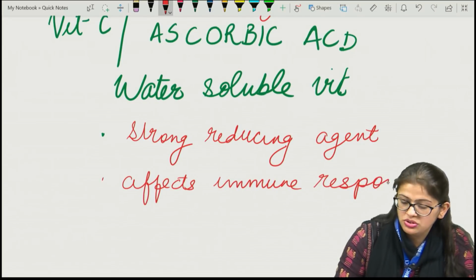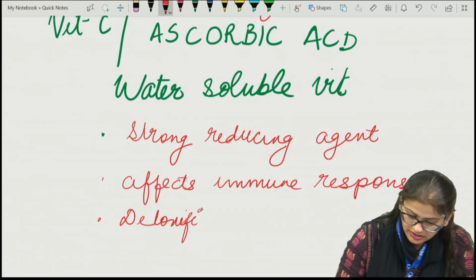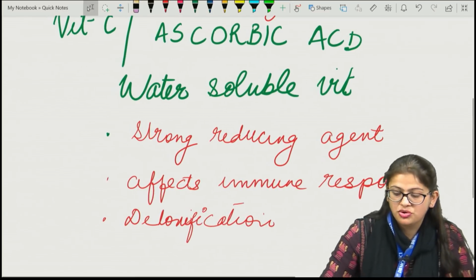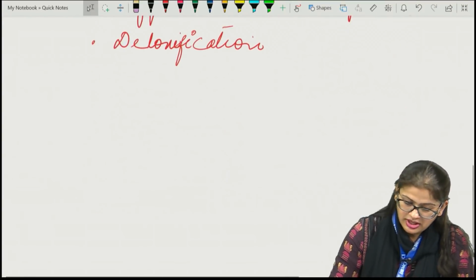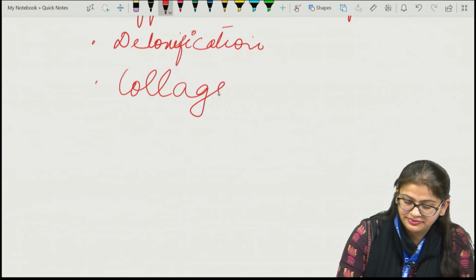It has a role to play in detoxification as well. And it also plays a very important role in collagen synthesis and wound healing.